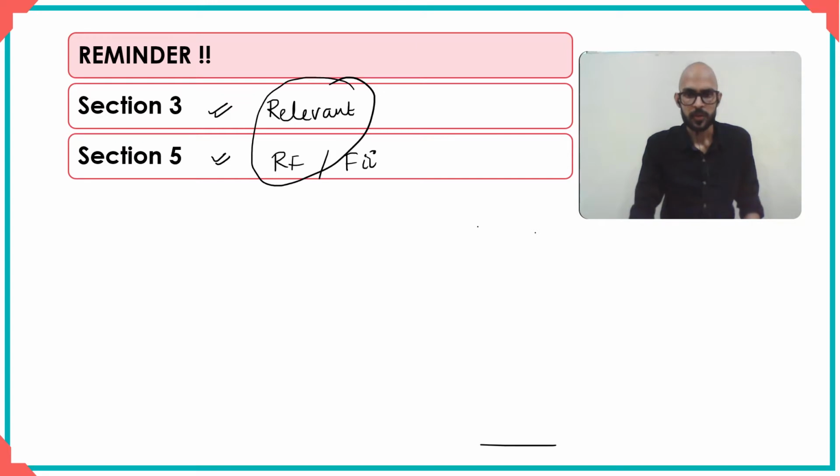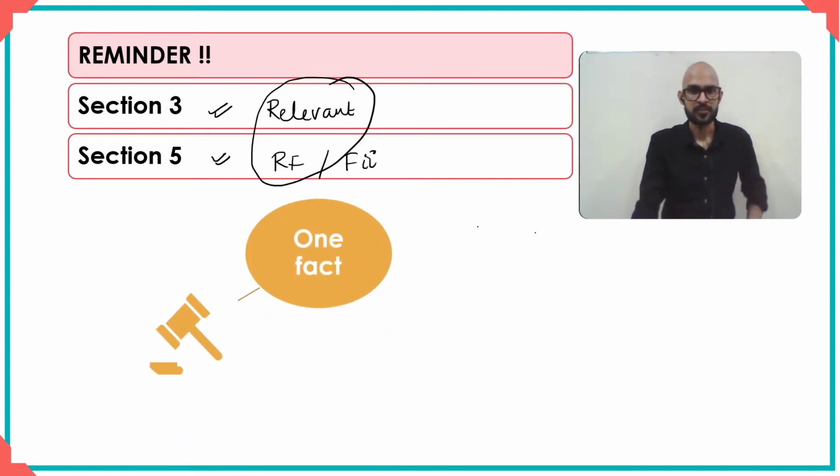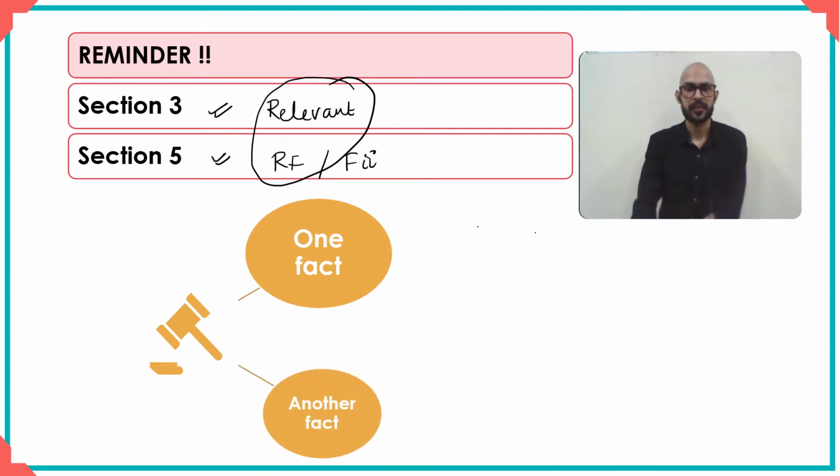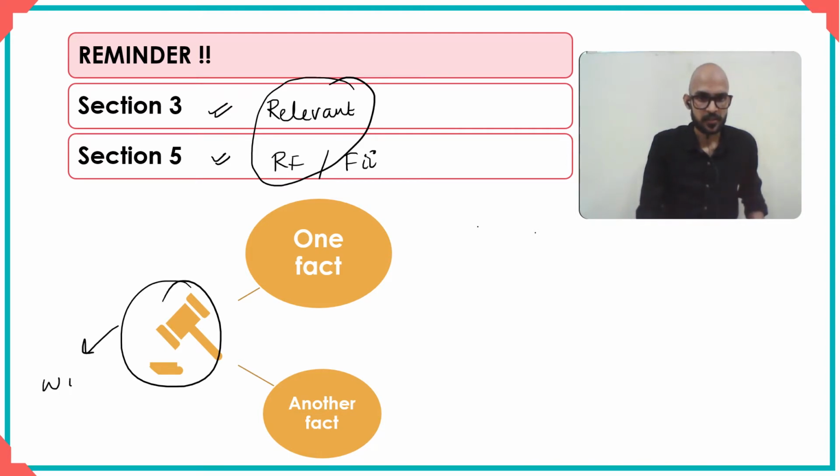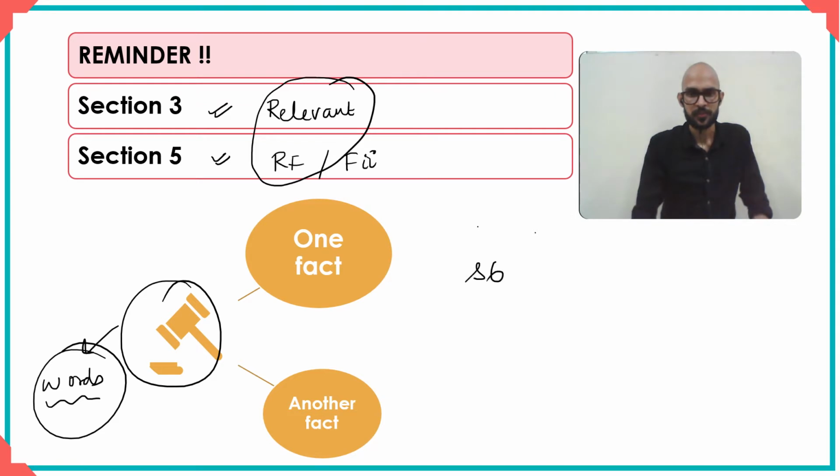So you know that when you're looking at any one such provision, you basically have a relationship which is given in that section between one fact and another fact. This relationship is signified by certain words which are given in the section. For example, when you speak of section 6, the key word for section 6 is the word transaction, right?